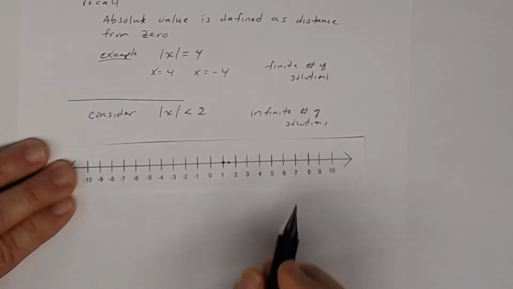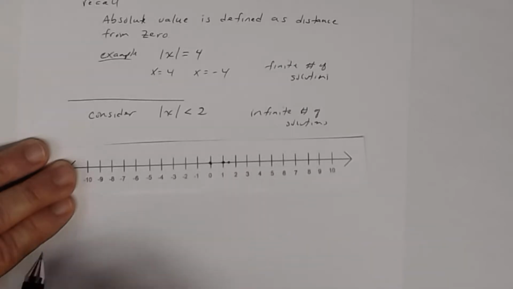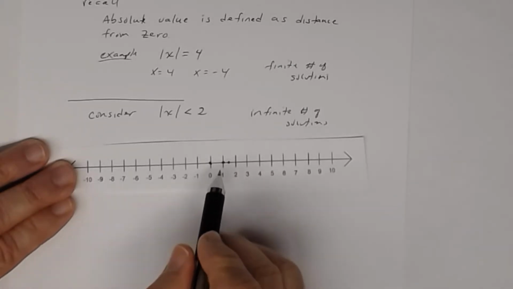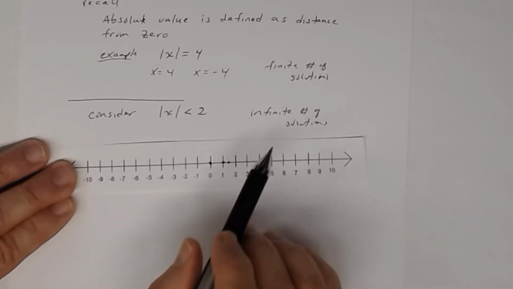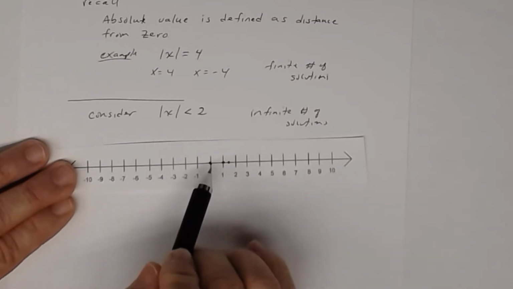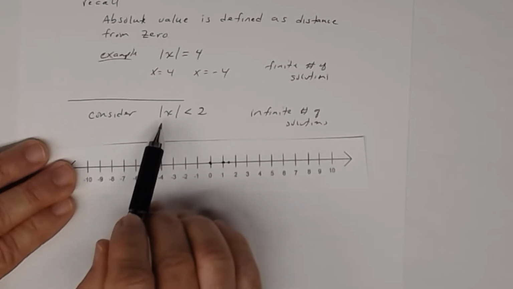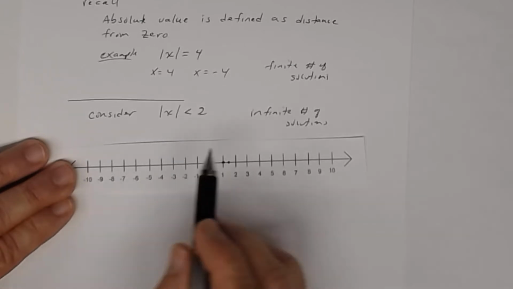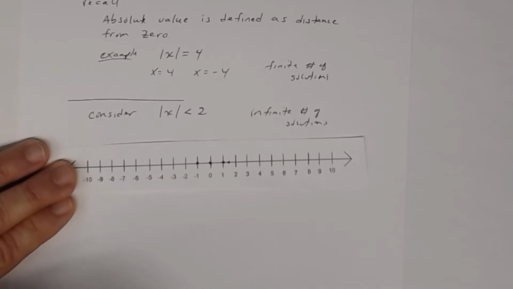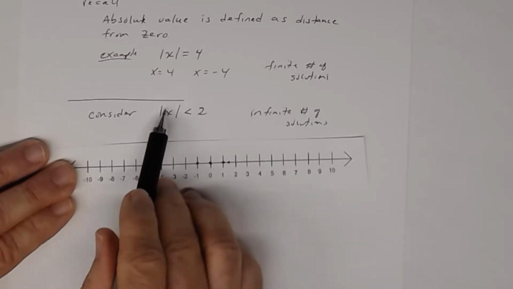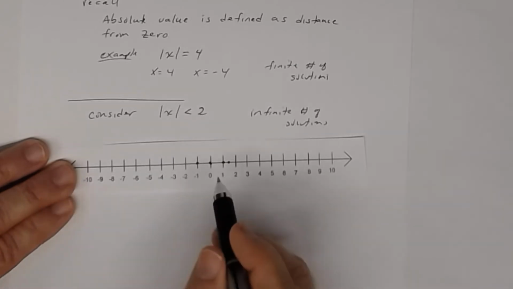Do you agree? What about 0? So far, it looks like I have 3 solutions, but there's actually an infinite number of solutions. If you look at 0, the absolute value of 0 is 0, and 0 is less than 2. Negative 1, the absolute value of negative 1 is 1, and 1 is less than 2.